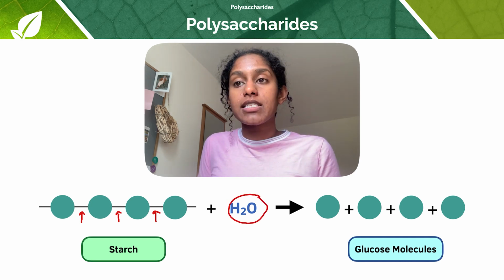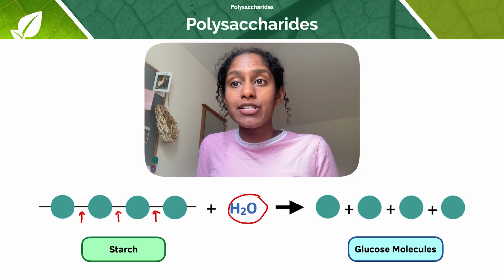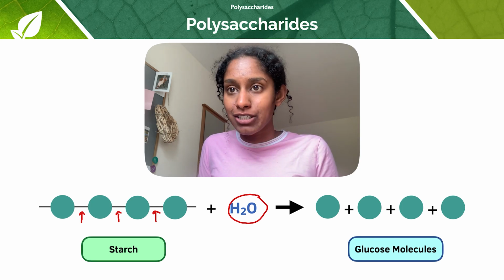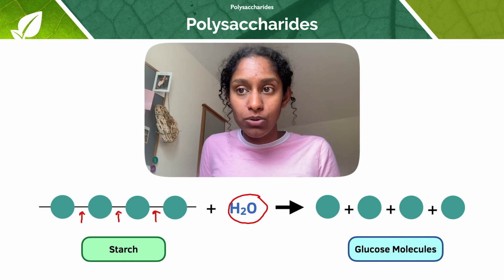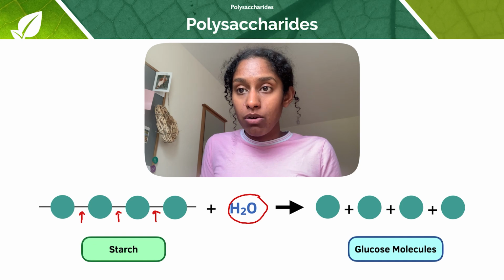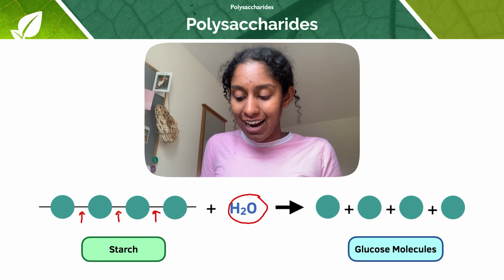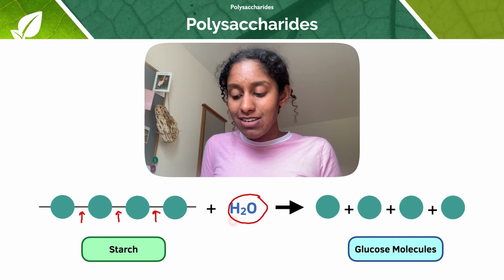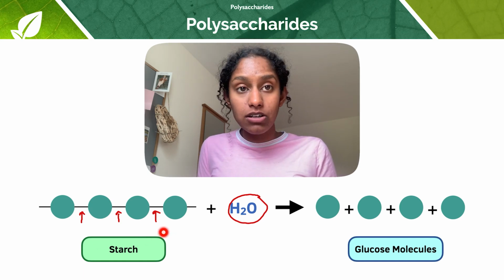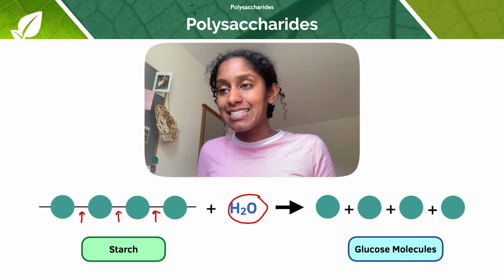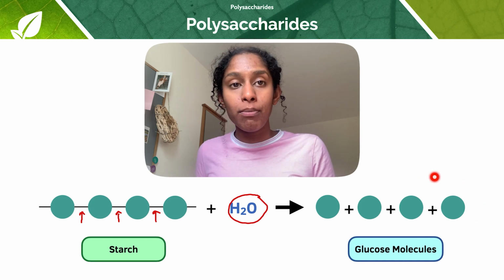And polysaccharides can be broken down into disaccharides or constituent monosaccharides via hydrolysis reaction. Now remember, a hydrolysis reaction is essentially the opposite of a condensation reaction. So when we do a hydrolysis reaction, we're always going to have to add water to our reagent, so our starch, and that's going to allow it to break down into the individual monosaccharides.